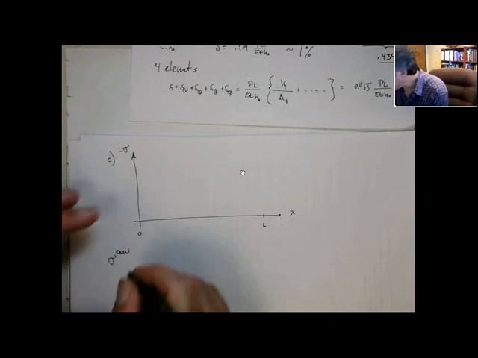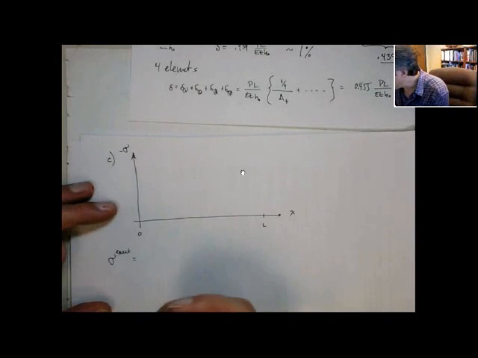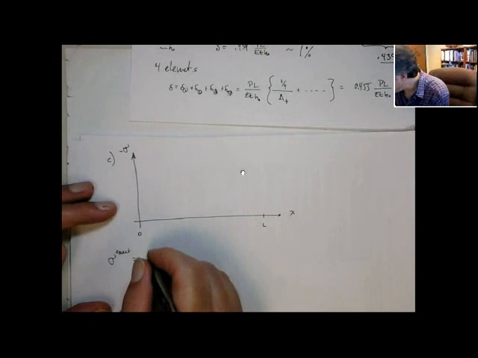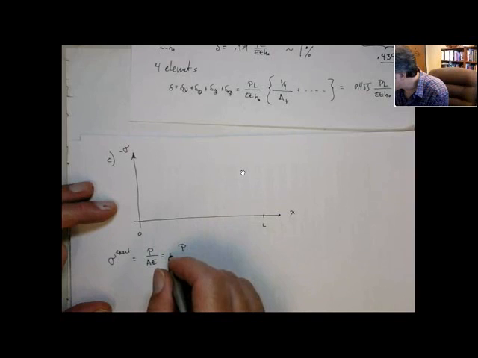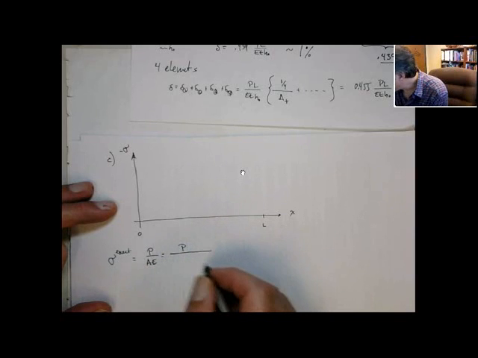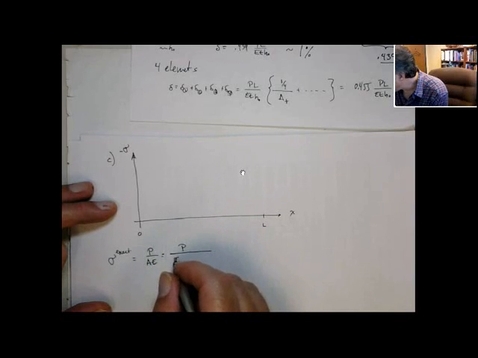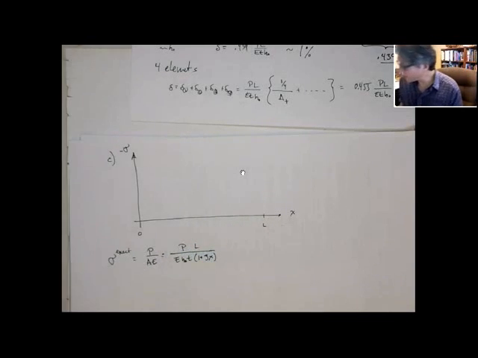Okay, for the exact case, we already figured that out to be P over AE, right? We know that the area is a function of x, so this gives me P over E H naught T, and let's do the L, so there's the L up there, 1 plus 3x. Okay?